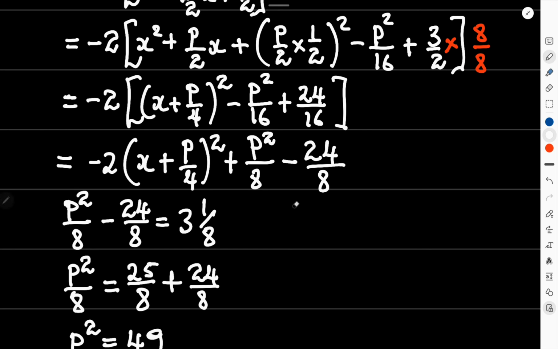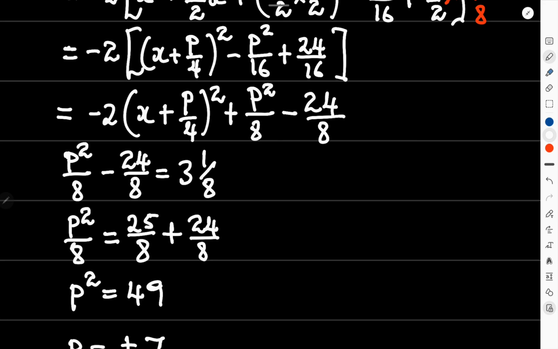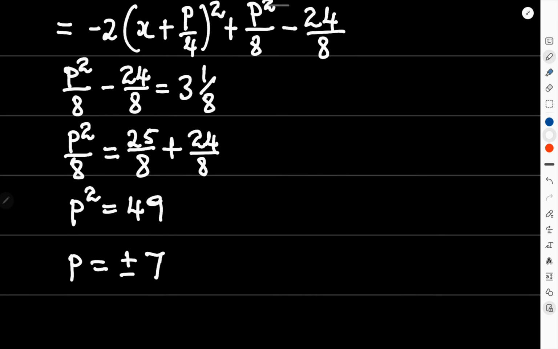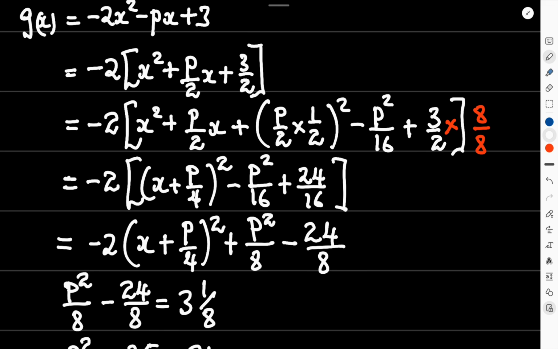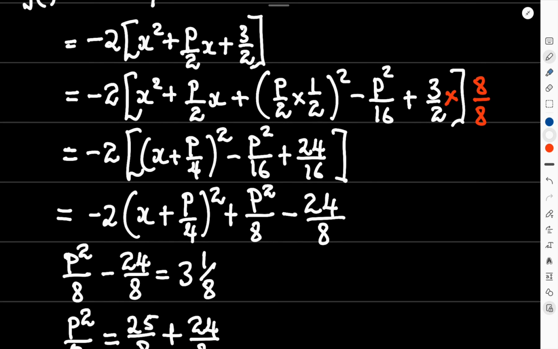From there you can solve for the value of p, which in this case is plus or minus 7.